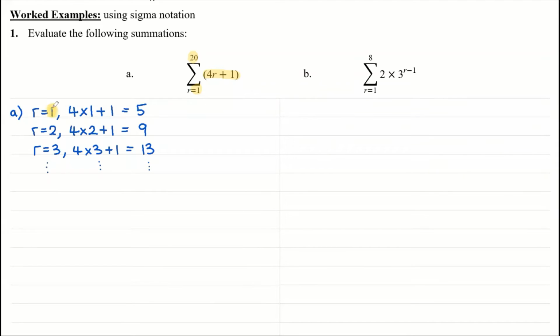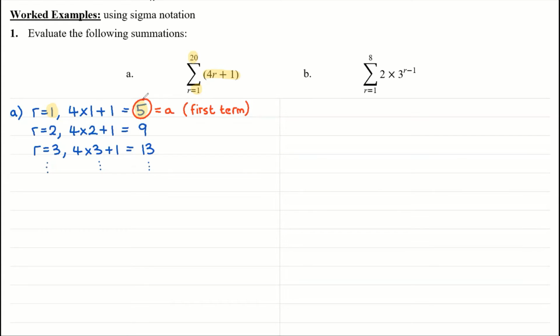When I sub in r equals 1, of course, I get 5, which is the first term of the series. So this is the value of a, isn't it? The first term. Just make a note of that. That might be useful. So 5 is our first term.